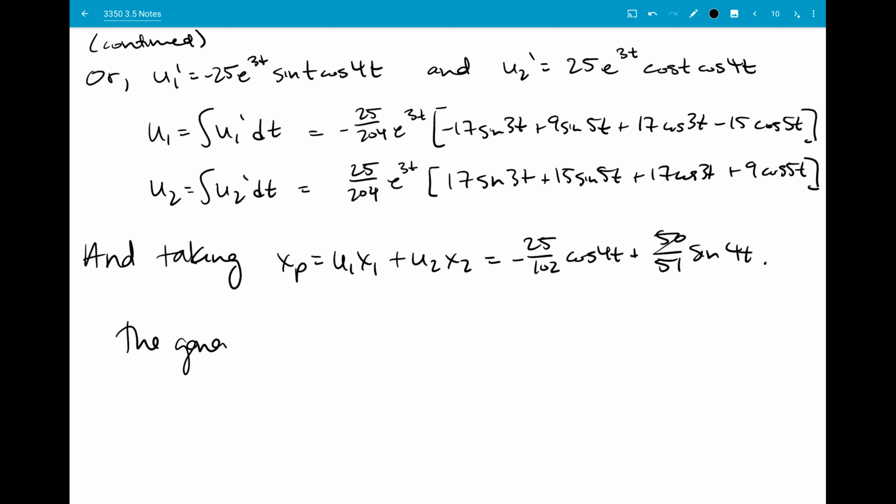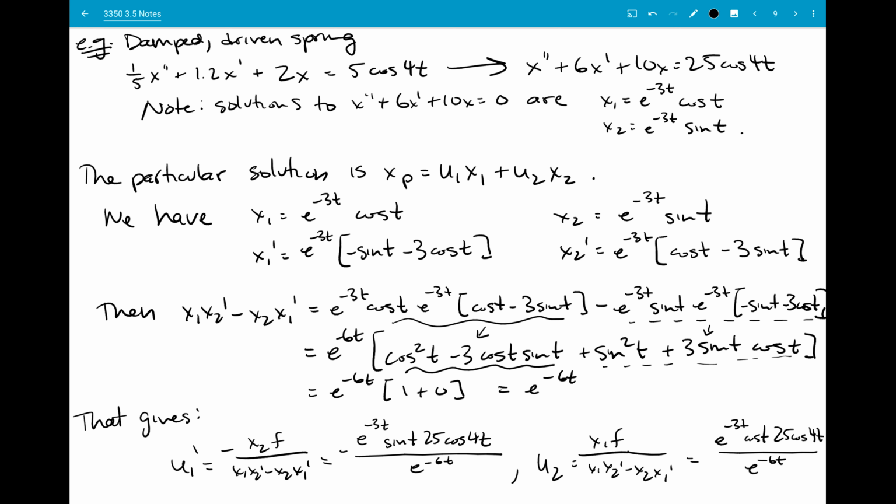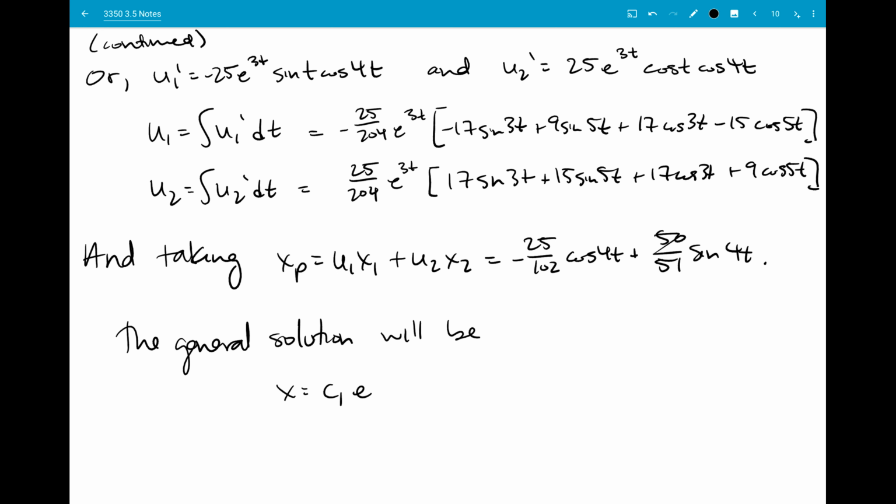And the general solution will be x equal to c1 e to the minus 3t cosine t plus c2 e to the minus 3t sine t minus 25 over 102 cosine 4t plus 50 over 51 sine 4t.